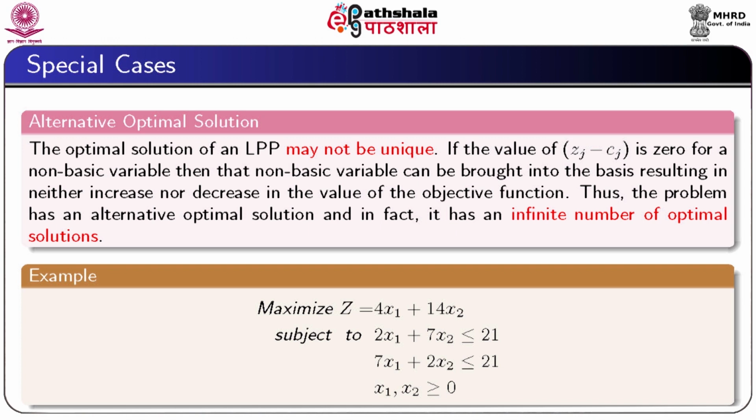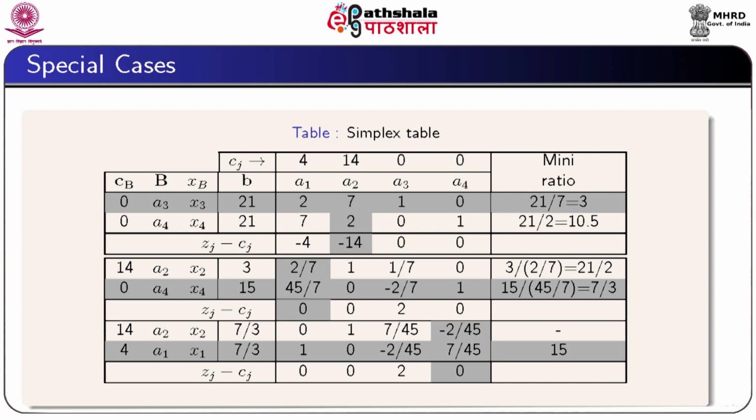We consider the example here as maximize z equal to 4x1 plus 14x2, and there are two constraints which are all less than or equal to type. Then we will first convert this problem into standard form to feed into the simplex table, and in the simplex table, as you can see in the first iteration, Z2 minus C2 is most negative.